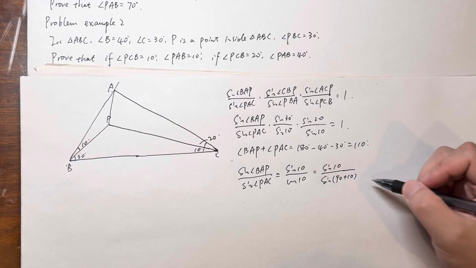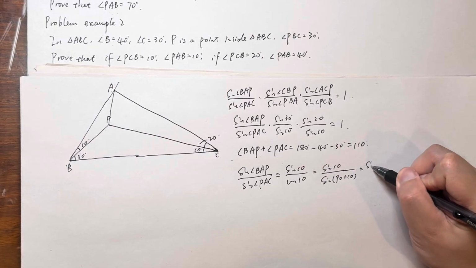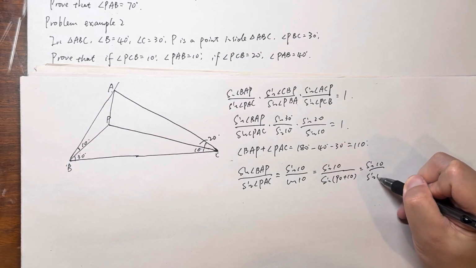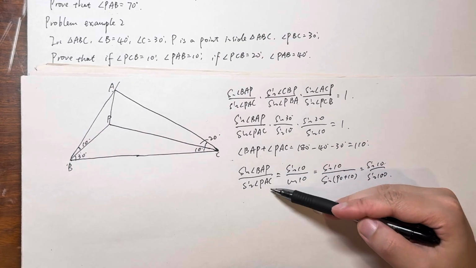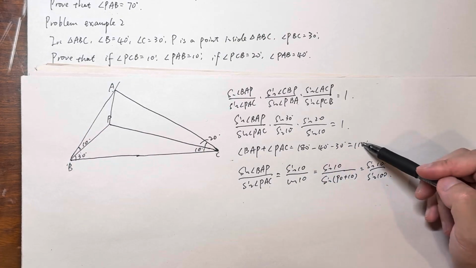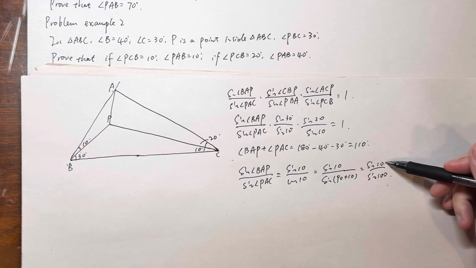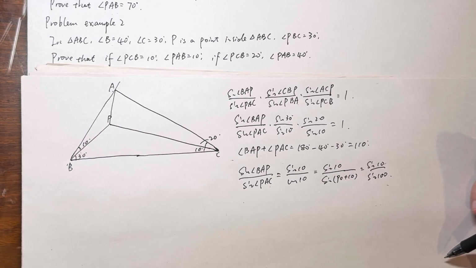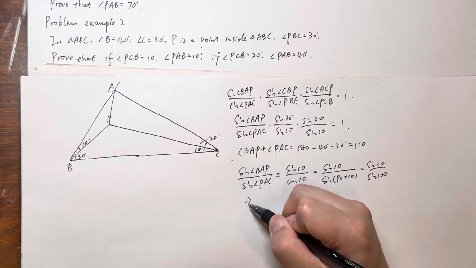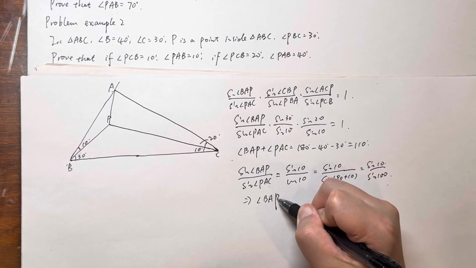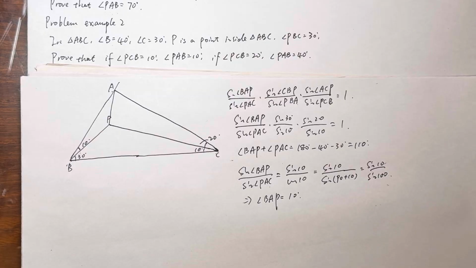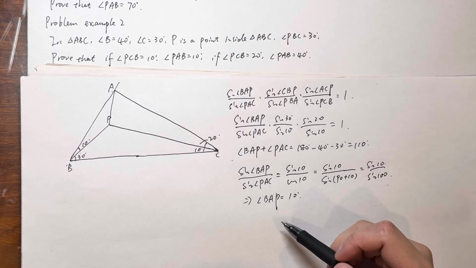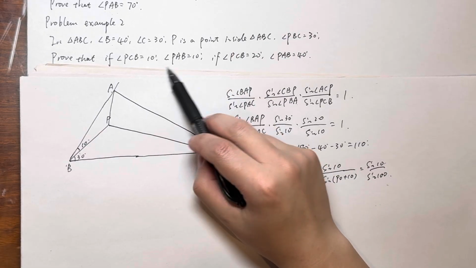Right, here we use plus just because we need angle BAP plus angle PAC equals 110. This is a solution, the 110, which means angle BAP equals 10 degrees. Right, that's the first case.